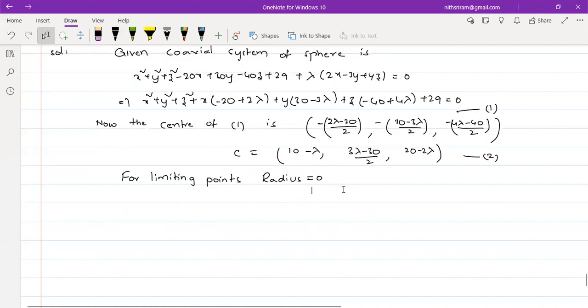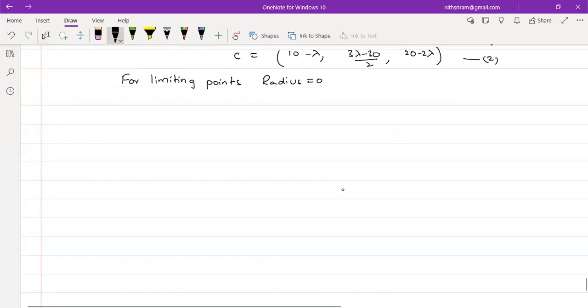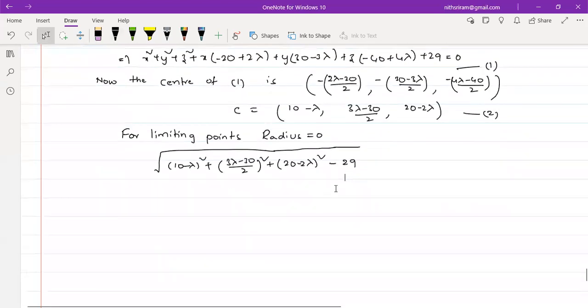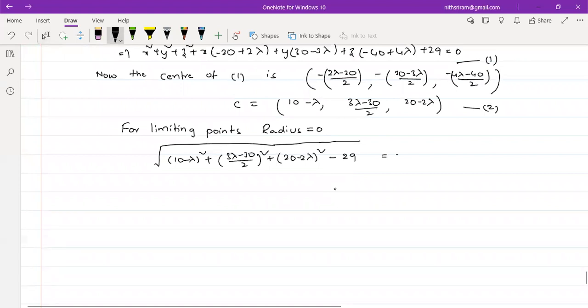Okay. So here radius is nothing but we have the formula for radius, that is square root of u square, meaning 10 minus lambda whole square, plus v square, that is 3 lambda minus 30 by 2 whole square, plus w square, 20 minus 2 lambda whole square, minus d, that is minus 29, is equal to 0.